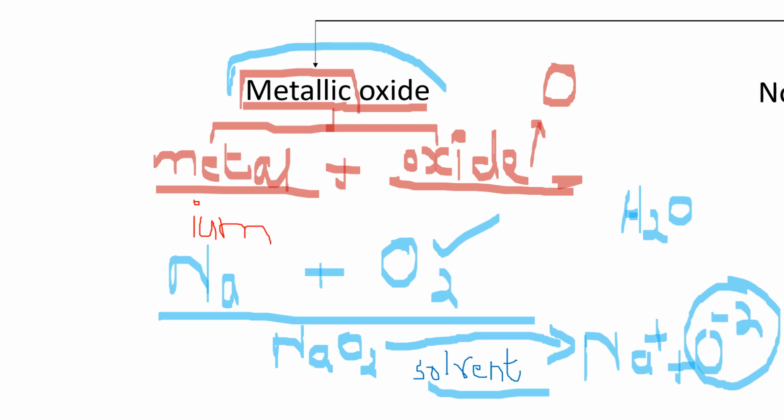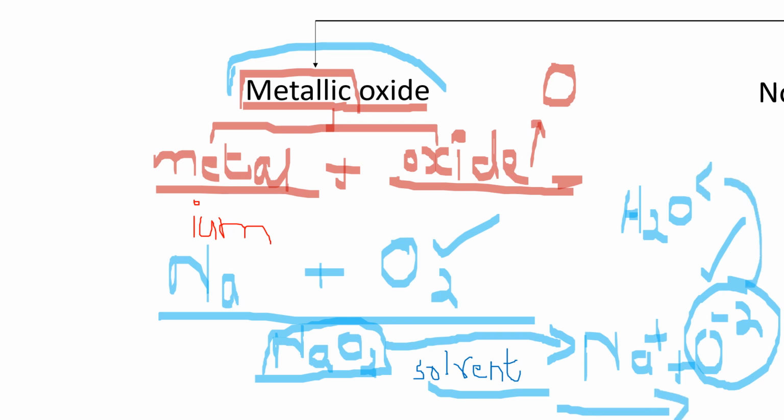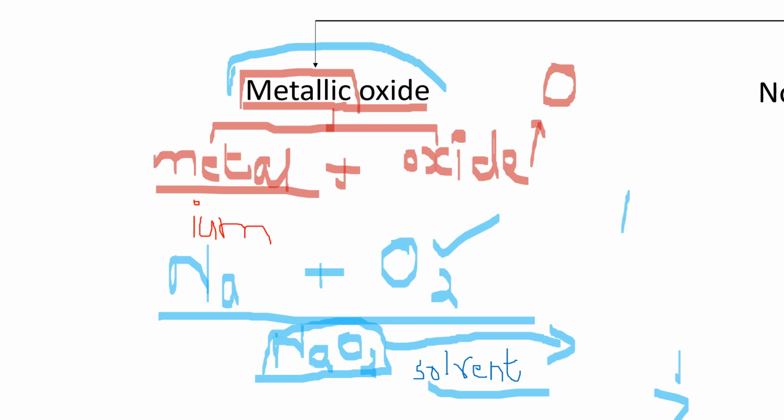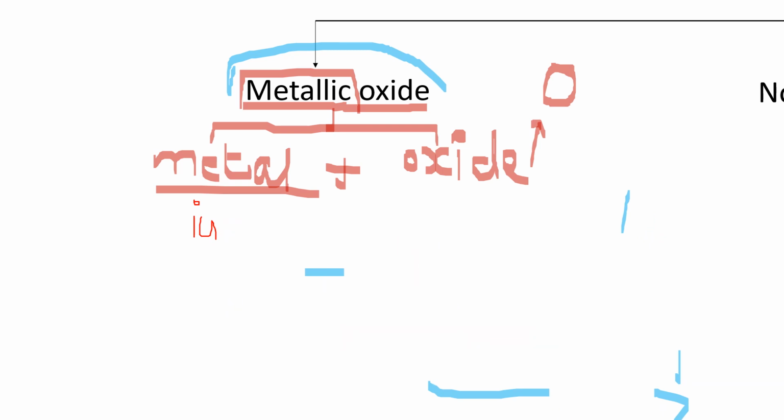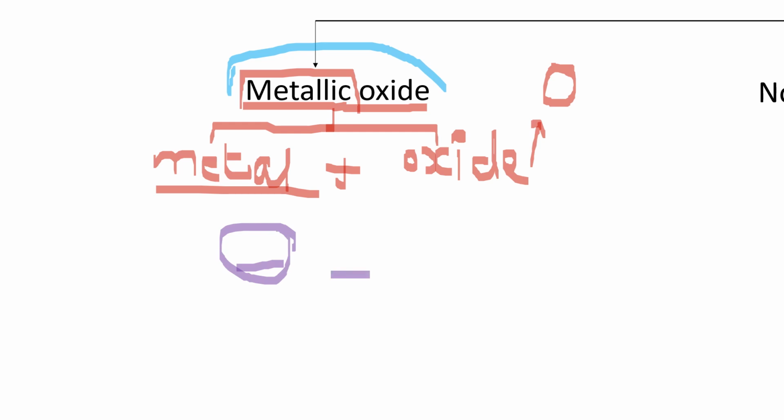When we dissolve the oxide, it will produce O2- ions. That means it donates O2- ions to the water. And we know that wherever there is a negative sign, that means that compound is basic.